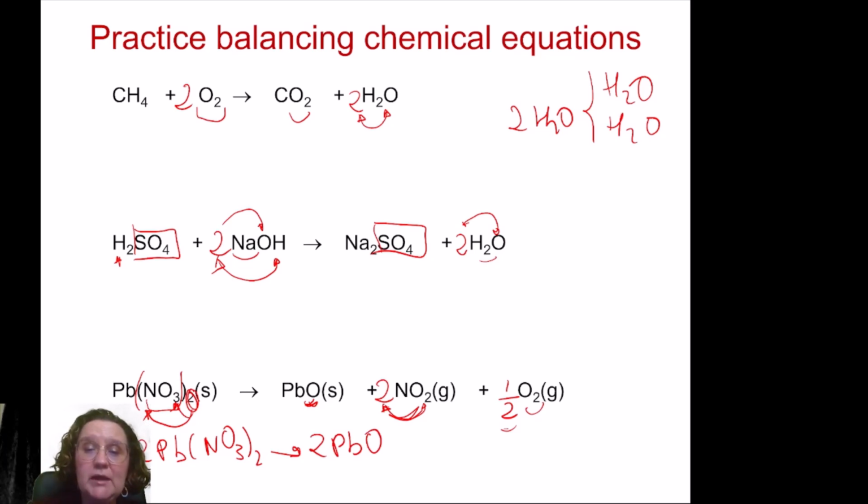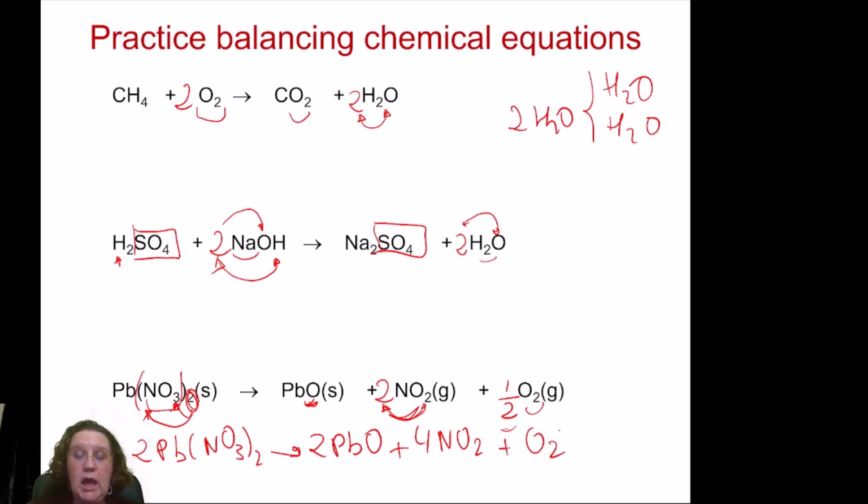I multiply by 2 my 2NO2, nitrogen dioxide, and that gives me 4NO2. And I multiply by 2 my 1/2 of the molecule of dioxygen, the molecule of O2, and that gives me O2.